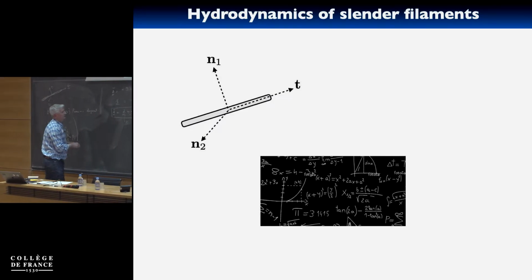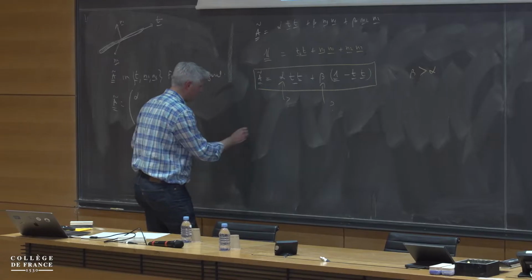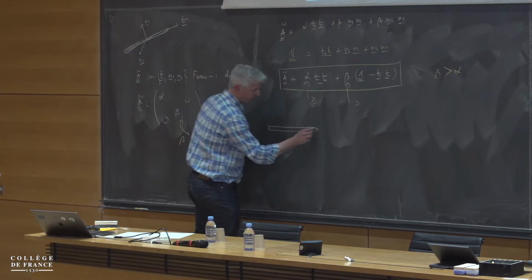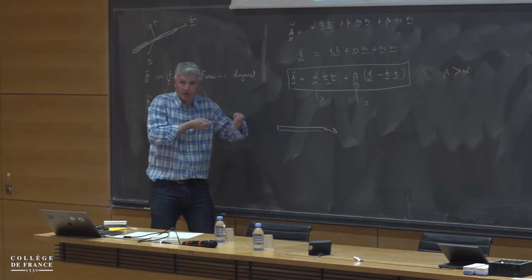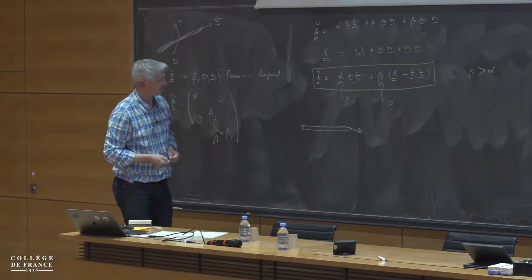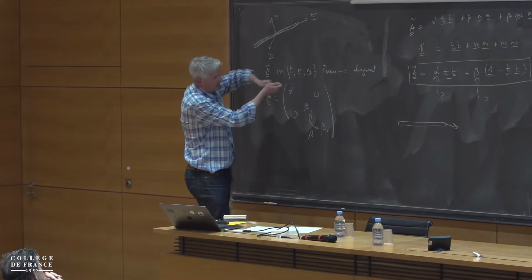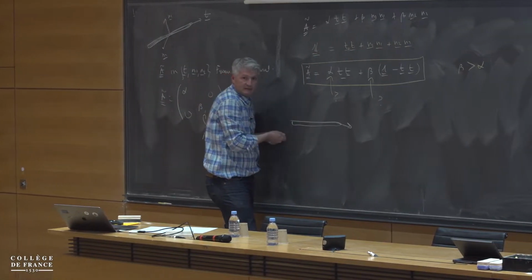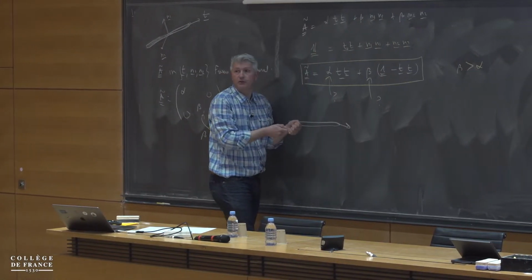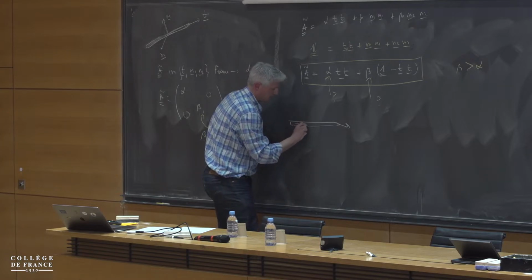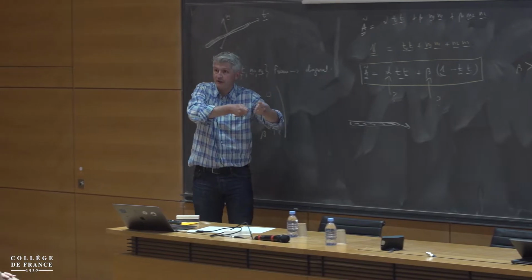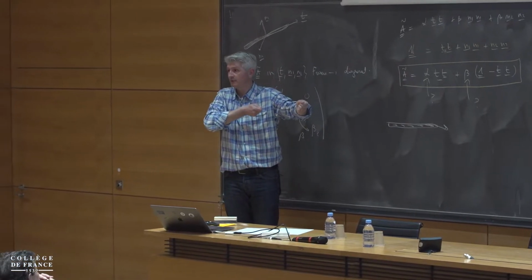To think about this in the simplest fashion, imagine, suppose I have a filament. This is my rod, and it's moving along its elongated direction t. As it's being pulled, it's pushing on the fluid at every point. So locally, there's a distributed amount of force exerted by the rod on the fluid that it's moving.